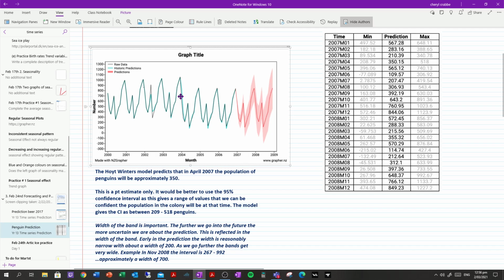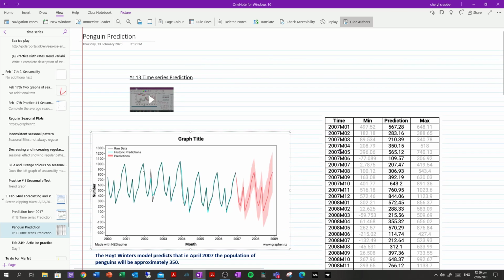So it's following the raw data quite well, and then it makes a prediction after 2007 about what is going to happen. Now, the Holt-Winters model is basically what the software in NZGrapher uses to make predictions. So what you're seeing here is a mathematical model called Holt-Winters that models the data, and you can see that it fits the raw data quite well.